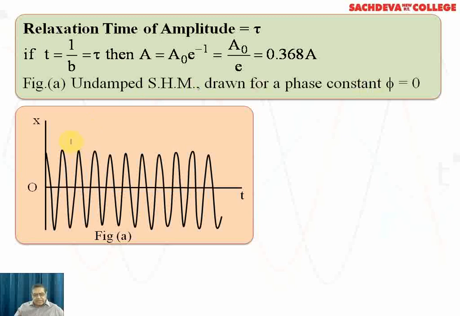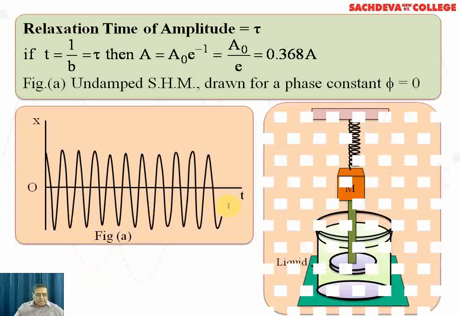Now we are seeing the figure, and the very important thing in this figure is that the amplitude remains constant throughout the propagation of the wave. If the amplitude remains constant, this type of graph is known as the graph of undamped oscillation. Undamped means the amplitude remains constant.